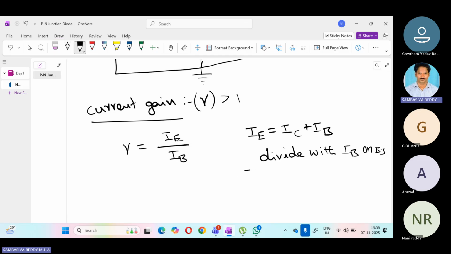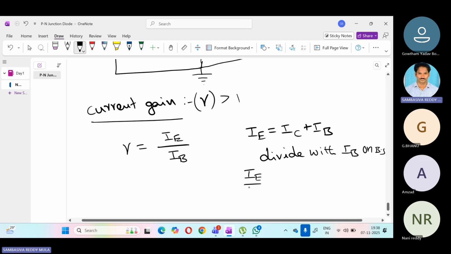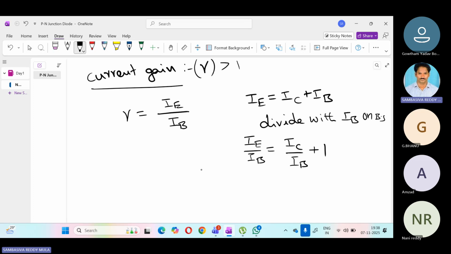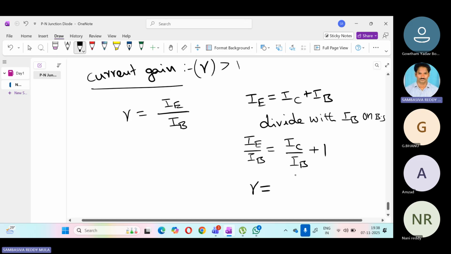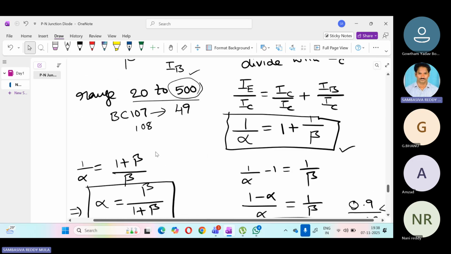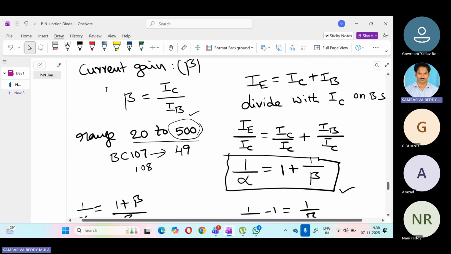So what we'll get? IE by IB is equal to IC by IB plus IB by IB, which is 1. Now we know IE by IB is nothing but gamma. And IC by IB, where we have seen, what is beta?